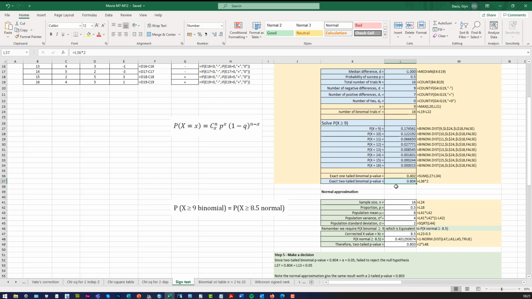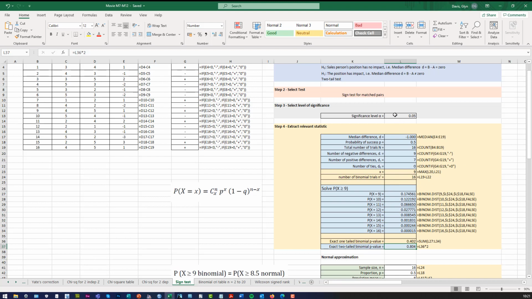The reason for that is that when we look at the SPSS solution shortly, and we do that particular movie, the SPSS solution uses a binomial solution. So the value is 0.804 for the exact two-tailed binomial p-value. It's greater than 0.05, so we accept the alternative hypothesis H1.